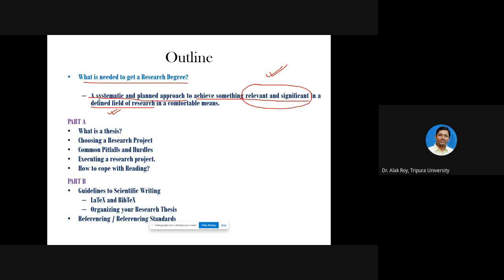Okay, so whatever you will choose, it should be comfortable means. Like to my scholar, I do say, you choose a topic that you can do work sitting in a lab. You don't choose a topic of field experiment, like you have to go, you have to visit different locations like villages or maybe some mountains.